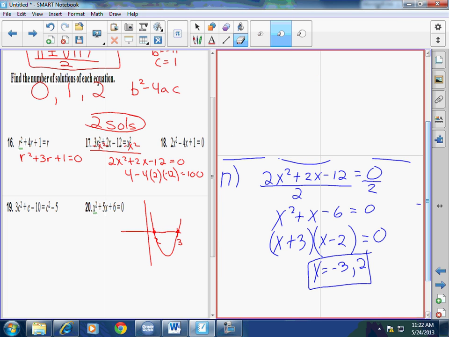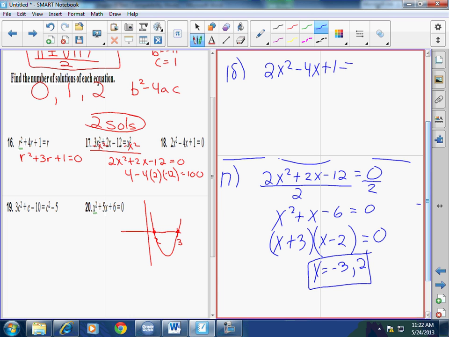Let's do 18 now. For 18, I've got 2x squared minus 4x plus 1. That's not factorable, even with the Cuban method. So I'm going to have to use the quadratic formula. Negative b plus or minus the square root of b squared minus 4 times a times c, over 2 times a.